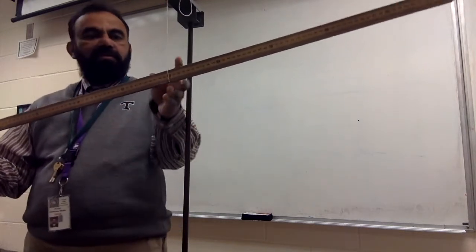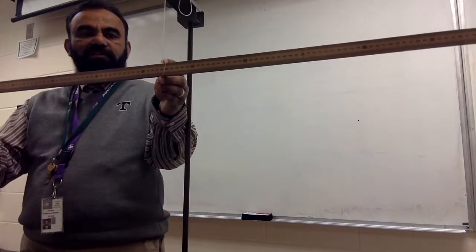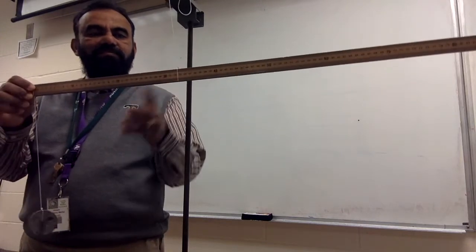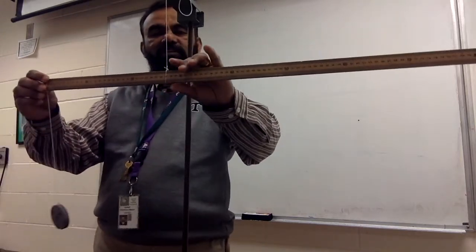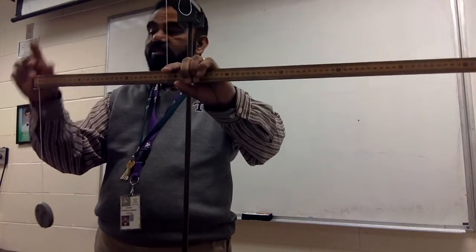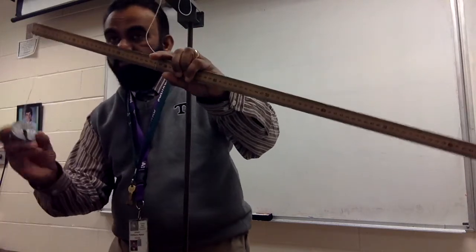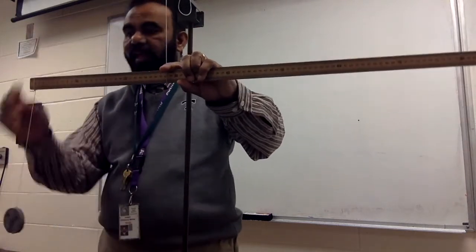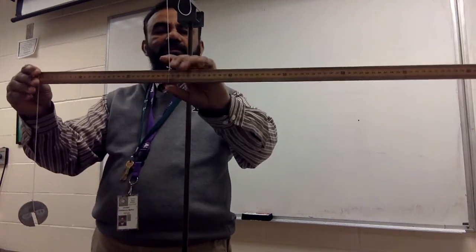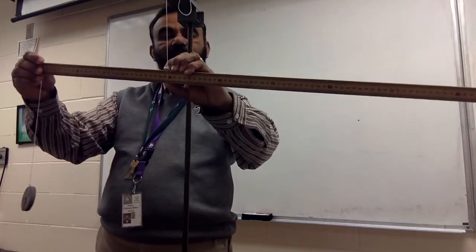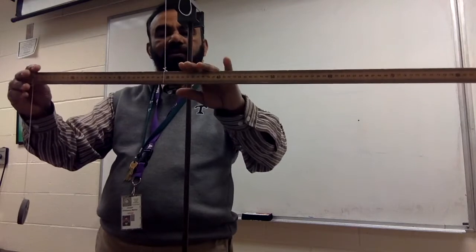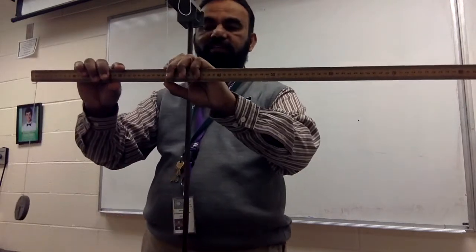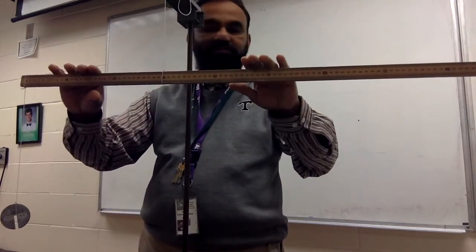No, you just have to scoot this here, like that. See, this is your procedure. What do you do? Suspend a known mass of 100 grams on one side at the 1 centimeter mark. Now see, this is tilting this way, and I keep adjusting it till I get it perfectly horizontal.